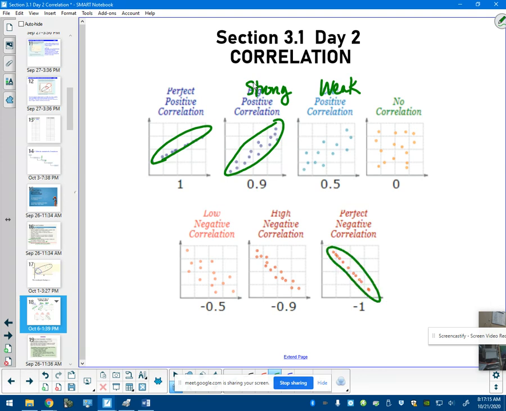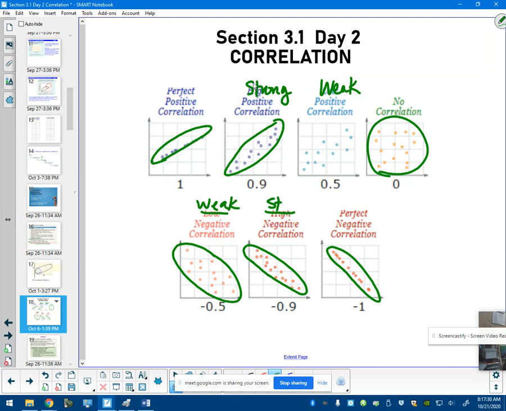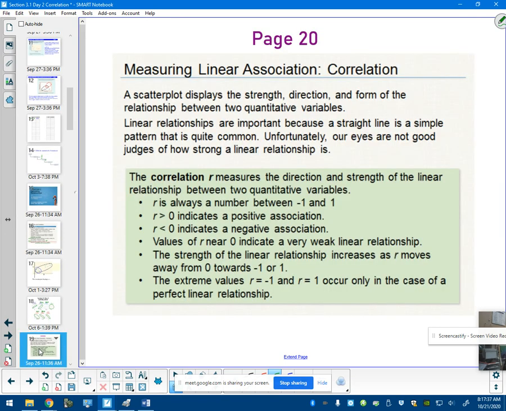So you can see a 0 correlation looks like a snowstorm. We're going to see some other 0 correlations that might be a bit surprising. -0.5, here's -0.9, and we don't call these low and high, we call them weak and strong. This is not exactly like your graph, but it's close.